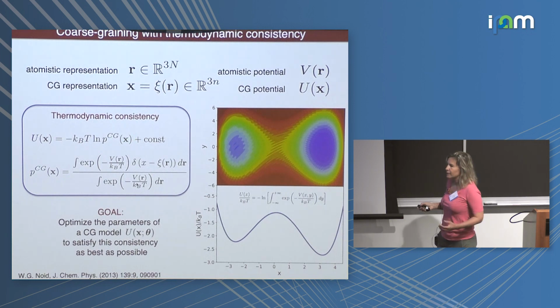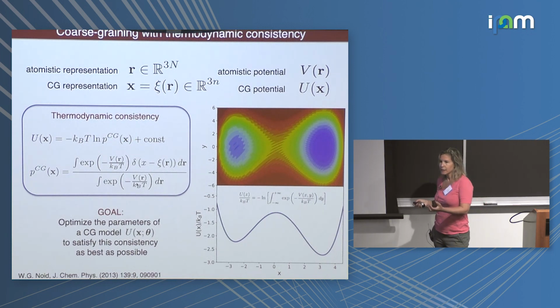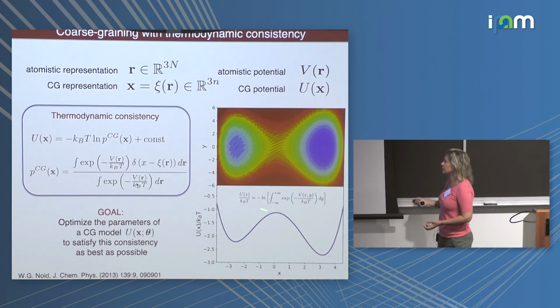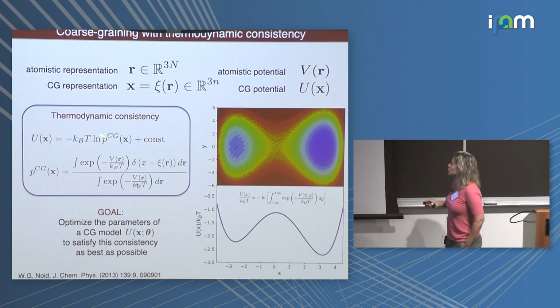Basically we want the probability of finding the system in one state to be the same in both models, assuming that the thermodynamics given by the atomistic representation is the correct one. This is the definition of thermodynamic consistency.